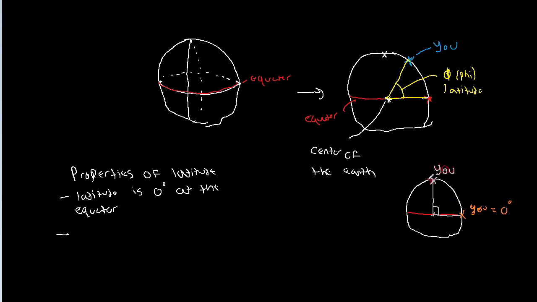Now, if you were to go, say, this way, so now let's say you move a little bit and now you're here, right? Instead of measuring the angle from here to here, convention is what we do is we measure from here to here. So you'd actually be less than 90.